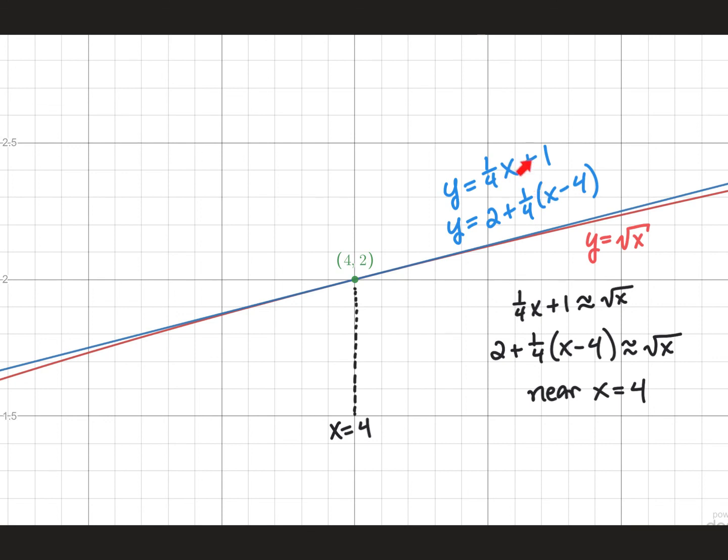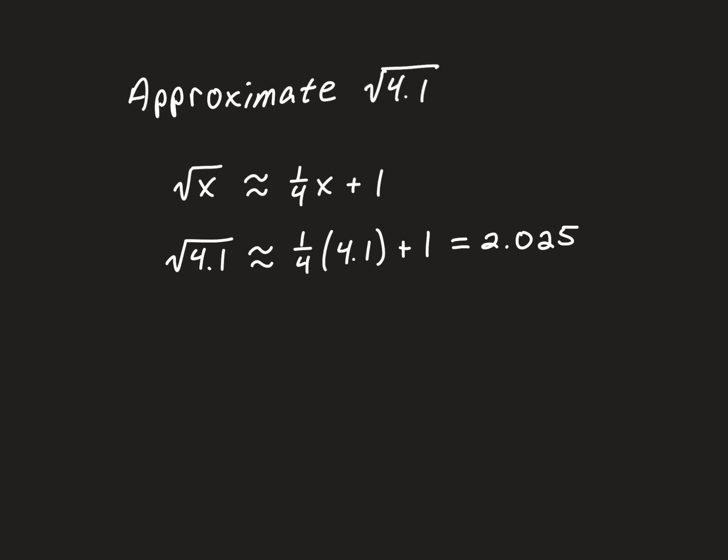These are equal to one another, and so what we're saying is 1/4 x plus 1 is approximately the square root of x near the value x equals 4. Okay, so let's use that approximation. We'll plug the 4.1 in. So instead of computing the square root of 4.1, we'll compute 1/4 times 4.1 plus 1. And we'll see that that calculation is 2.025.